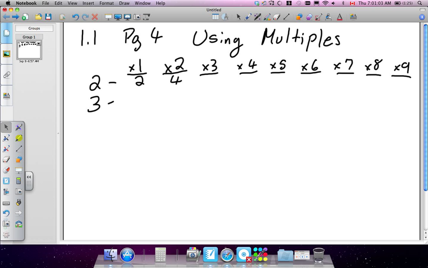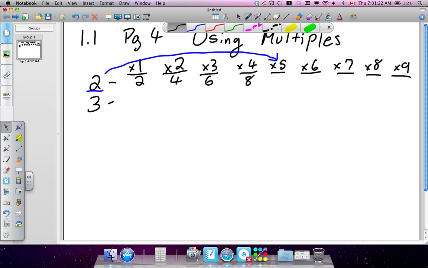Next I would do 2 times 3, which is 6. Then 2 times 4, which is 8. Then 2 times 5, which is 10. And I'm going to keep going.